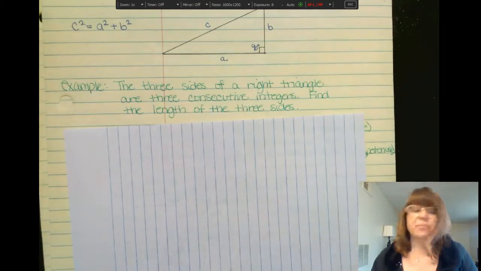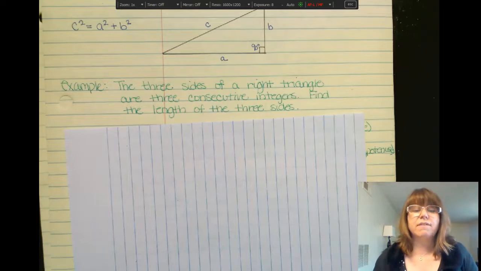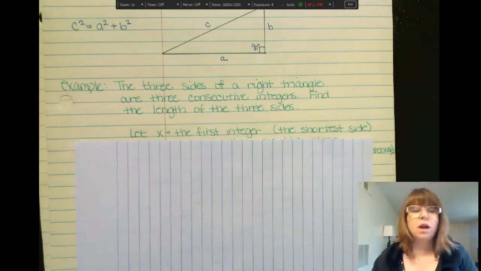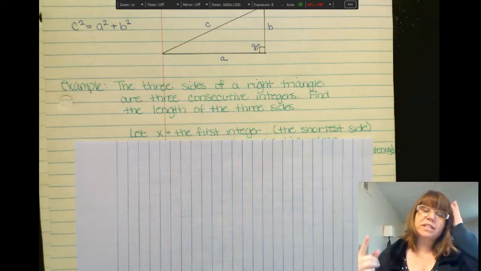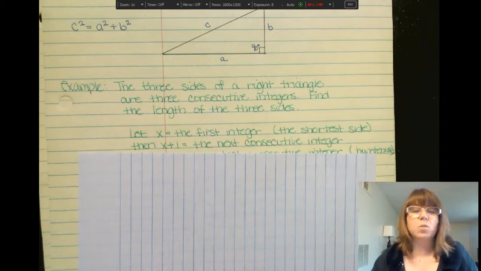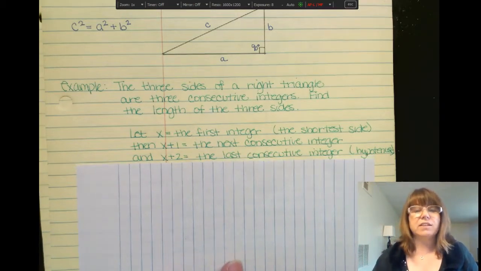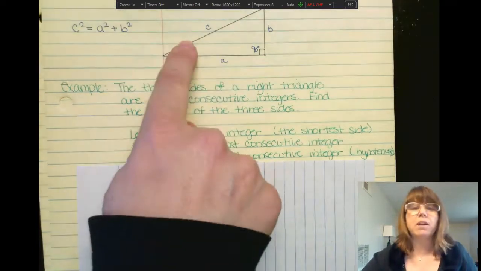So let's try it. The 3 sides of a right triangle are 3 consecutive integers. Find the lengths of the 3 sides. So I'm going to let x equal the first integer, the shortest side. The next one will be x plus 1, that's the next consecutive integer. And then the final consecutive integer is x plus 2, which is the longest side, the hypotenuse.